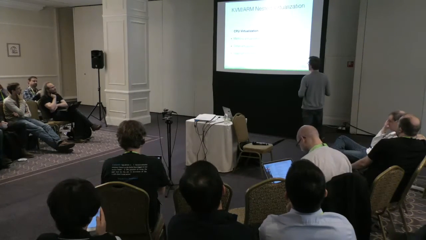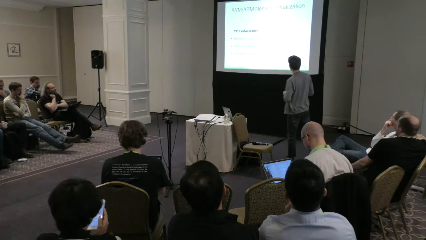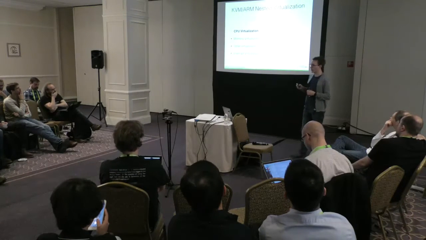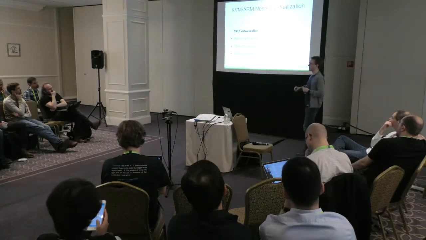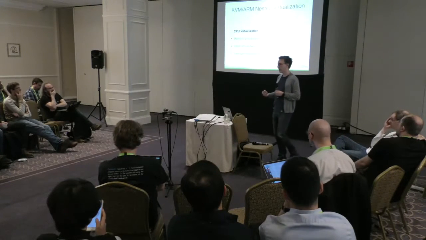So using the ARM v8.3 support, we have a patch set out to support nested virtualization on KVM ARM using that. And as usual, I'll go through sort of the 4 steps of core virtualization: CPU, memory, timer, and interrupts, and see how we use the new hardware features.